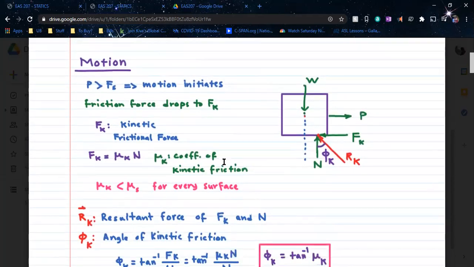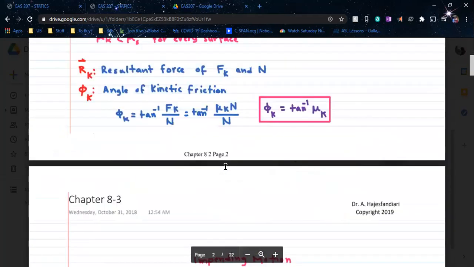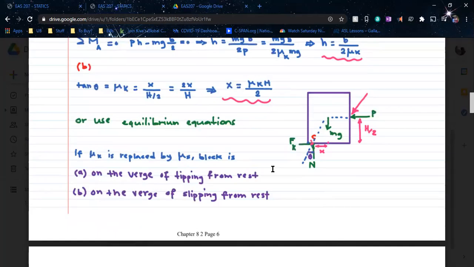The other situation that we need to look for is when we get tipping. We know it's going to tip around the front corner. In our case, it's also this corner right here. We know that the entirety of the normal force is acting on that corner because it's the only point of contact, and all the frictional force is also acting at that corner because it's the only point of contact.